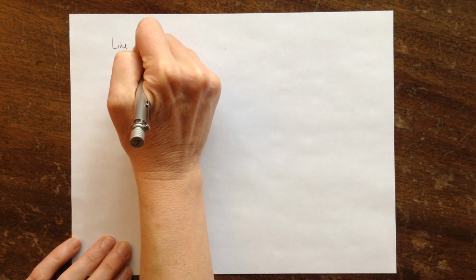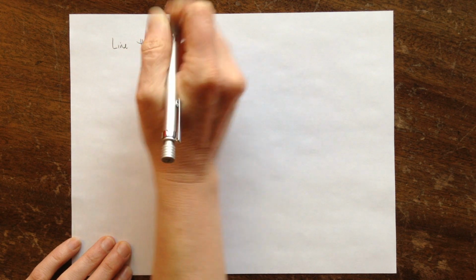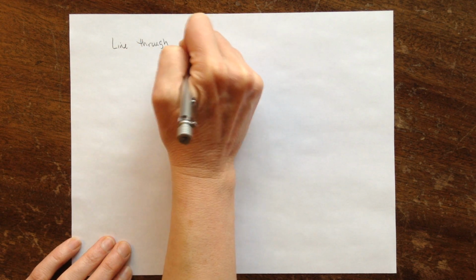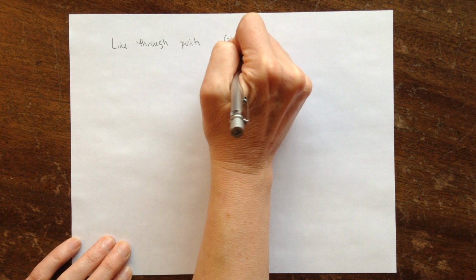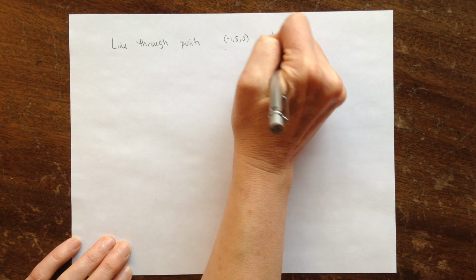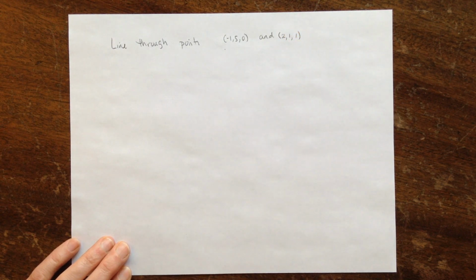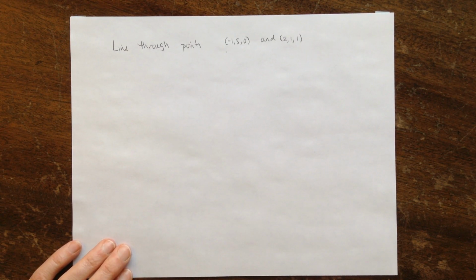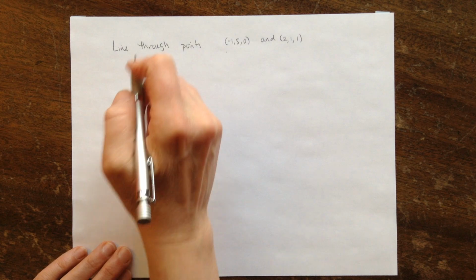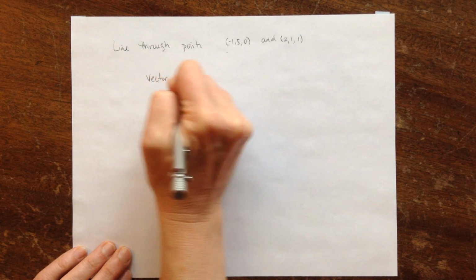Let's do the line through the points -1, 5, 0, and say 2, 1, 1. Okay, so I want to do it in vector form.